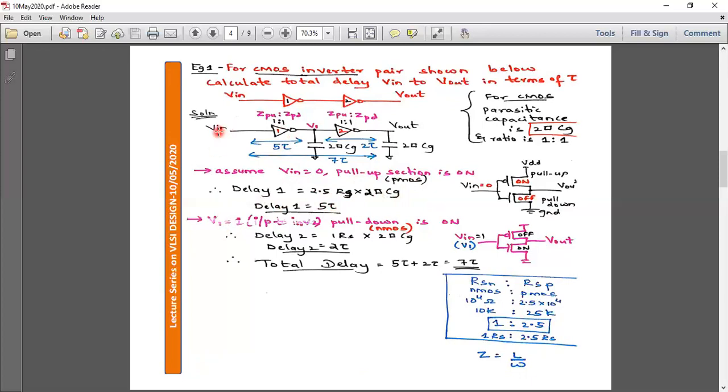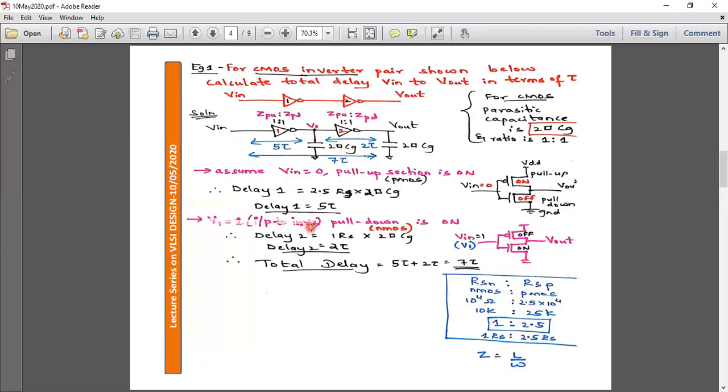If my input is 0 initially, then Vin 1, that is the input to the second inverter, will be logic 1. In the second inverter, if the input is 1, pull-down is on, that is, NMOS is on and PMOS is off.